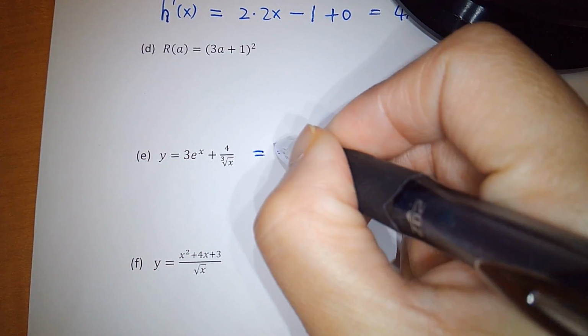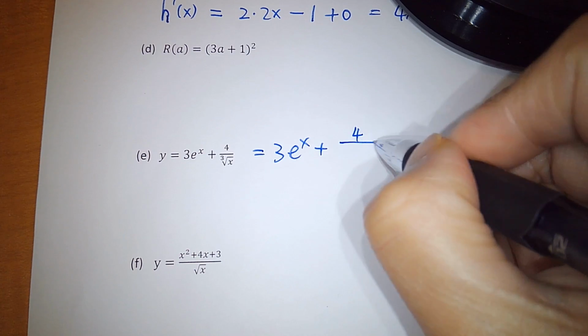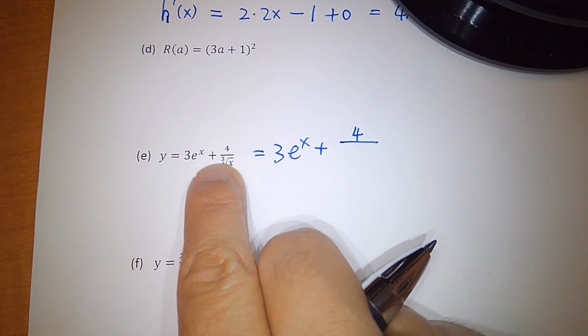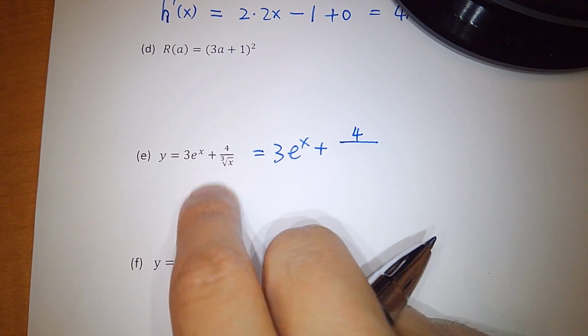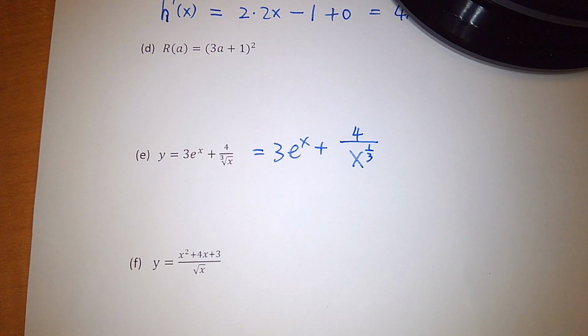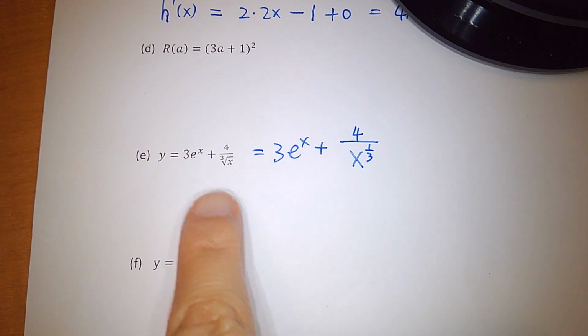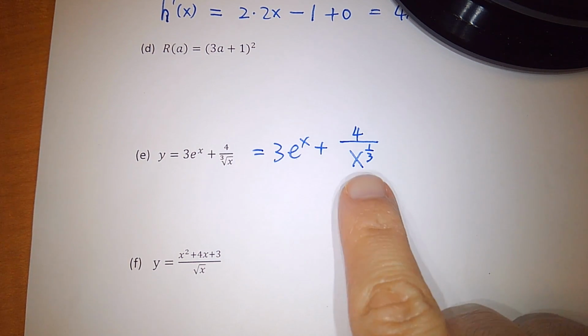How? 3 e to the x plus 4 over, what is the cube root of x in exponential form? Actually x to the 1/3, right? x to the 1/3 is the same thing as cube root of x, right? Then this x is on the bottom.